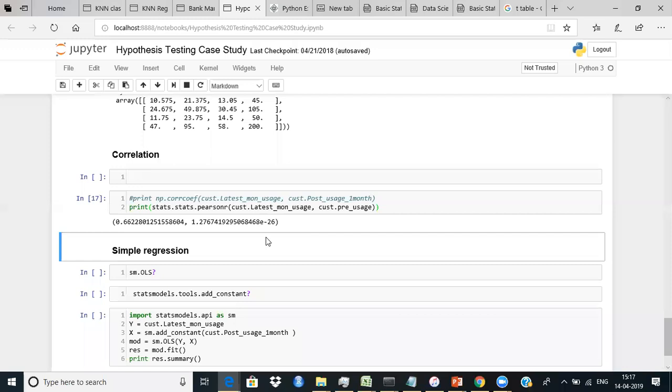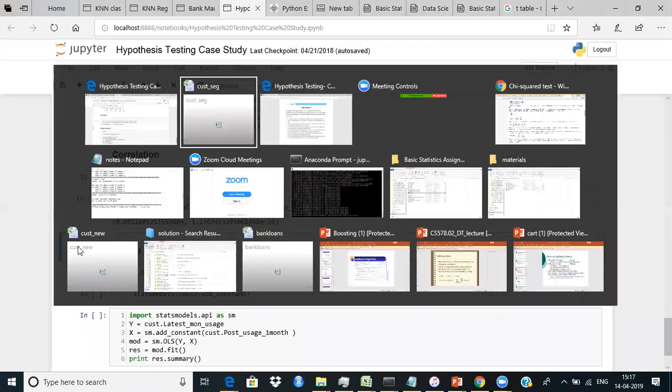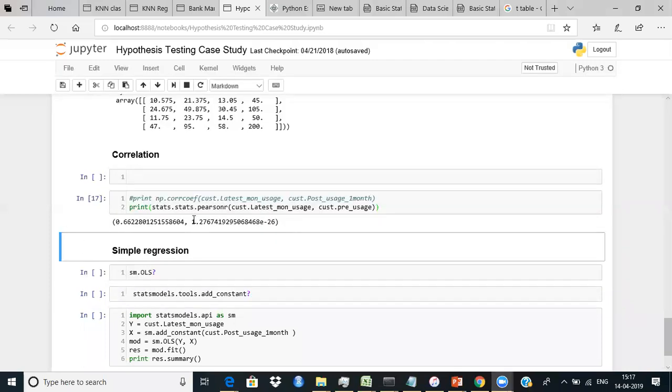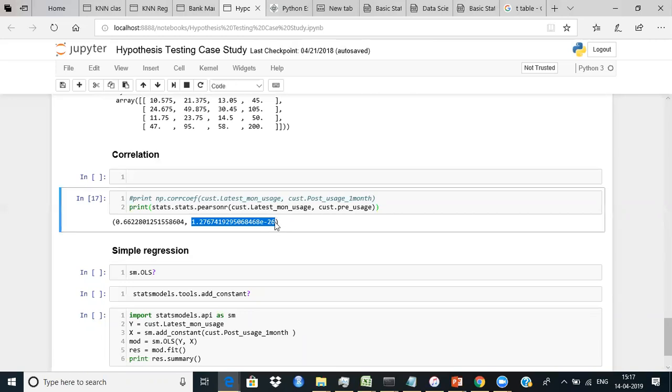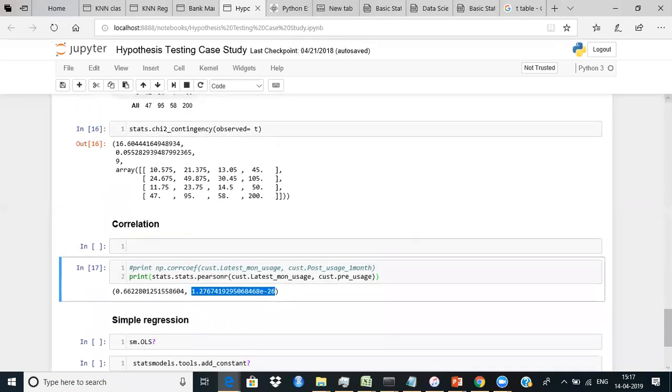Okay. Sir, what do you mean by when P is equals to 0? We can say that relation or not relation. Yeah. Which P are you talking about? The P value, right? When the P value is less than 5%, how do we conclude about the correlation?